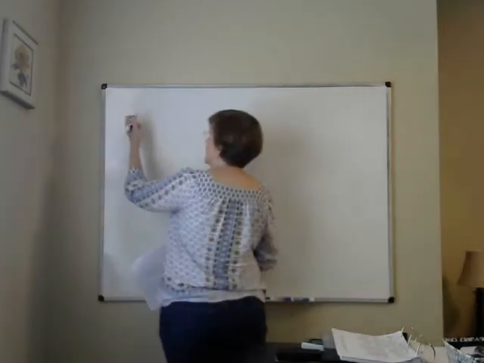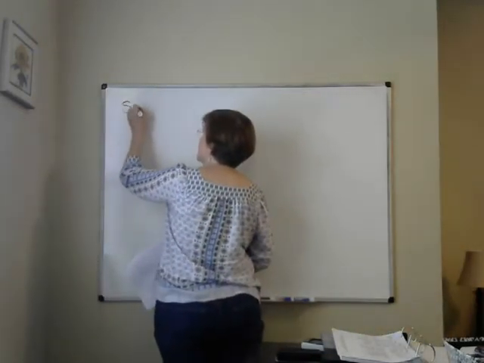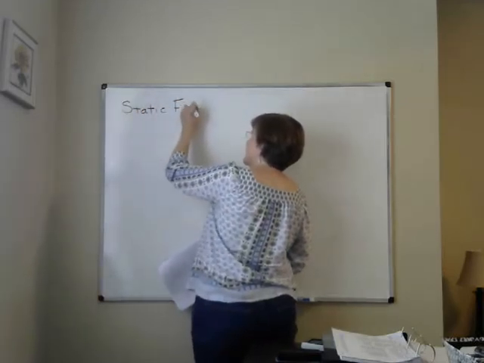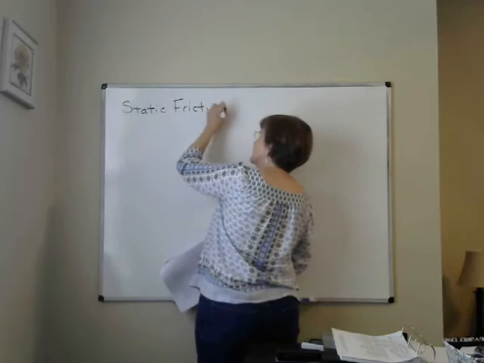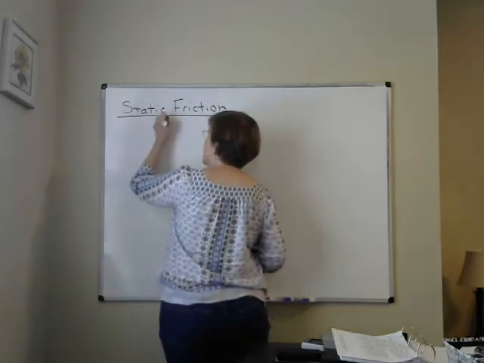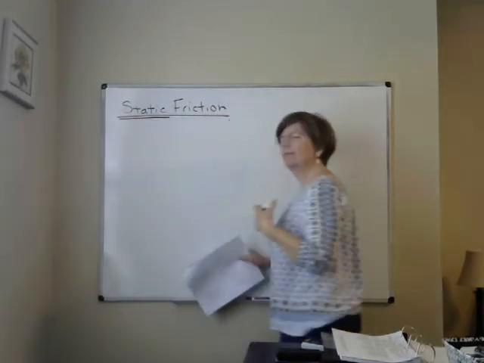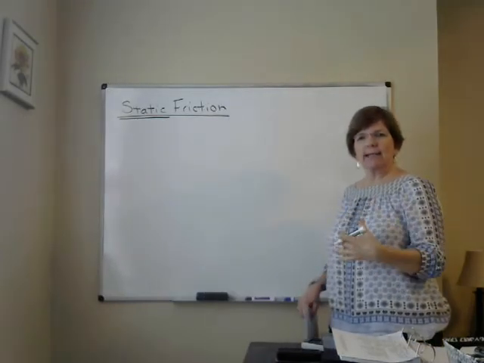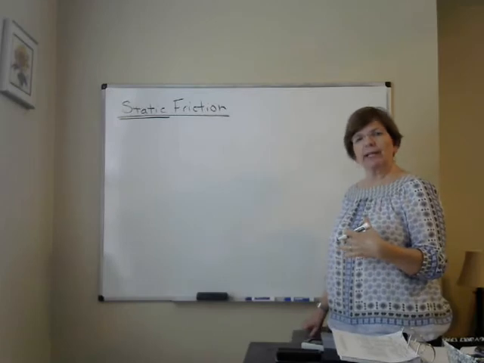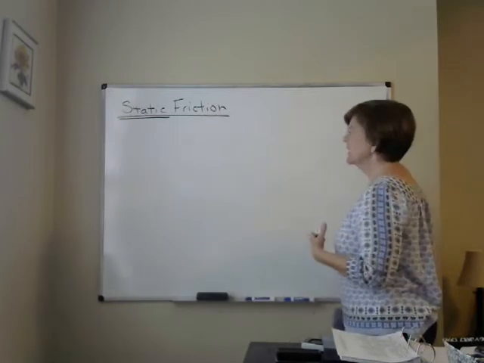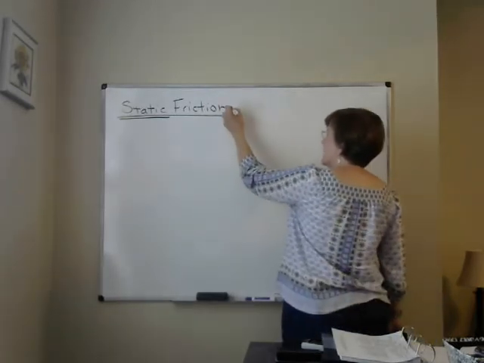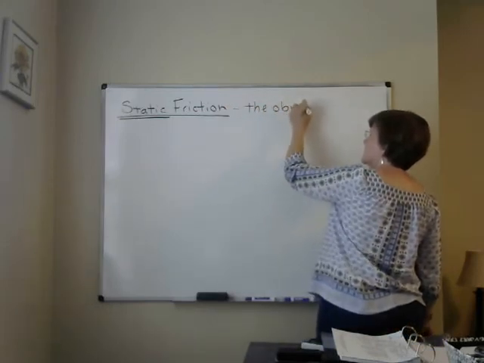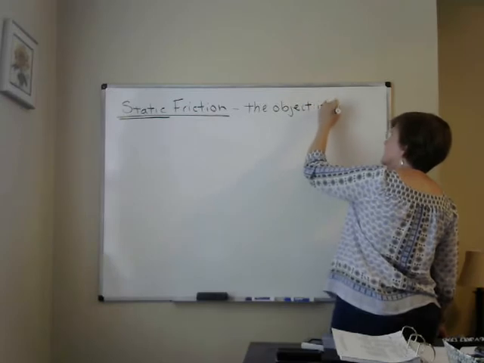Let's think about static friction. Anytime you see the word static in physics, you need to think of something is at rest. Something is stationary. It comes from the same root word as stationary. So in static friction, the object is at rest.